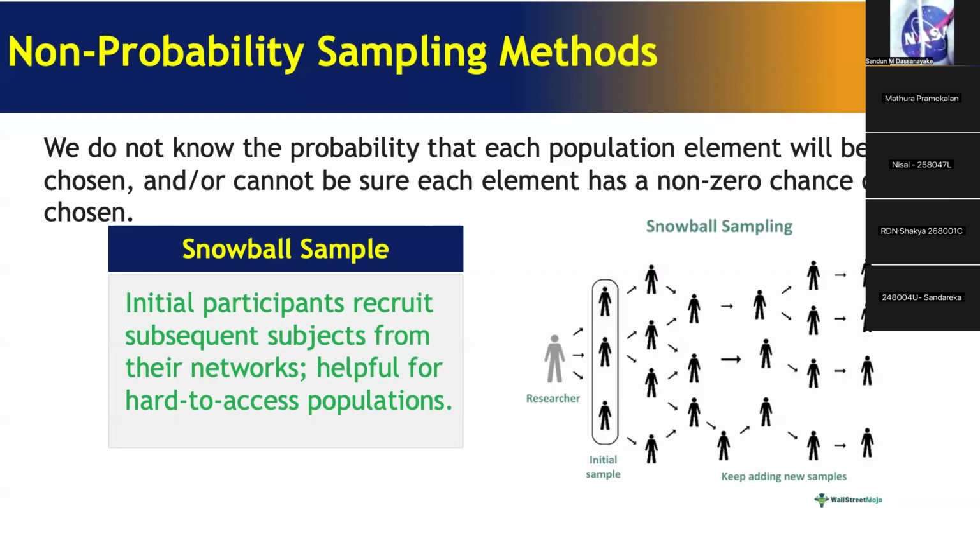It's very difficult for us to access them. Because of that, we have this initial sample that we can access, and they will do the work for us. They will reach those people and collect the data. So that's snowball sampling. This is useful in certain types of studies, like gender studies, sexual violence or gender-based violence. For those very specific cases, you can go for snowball sampling.